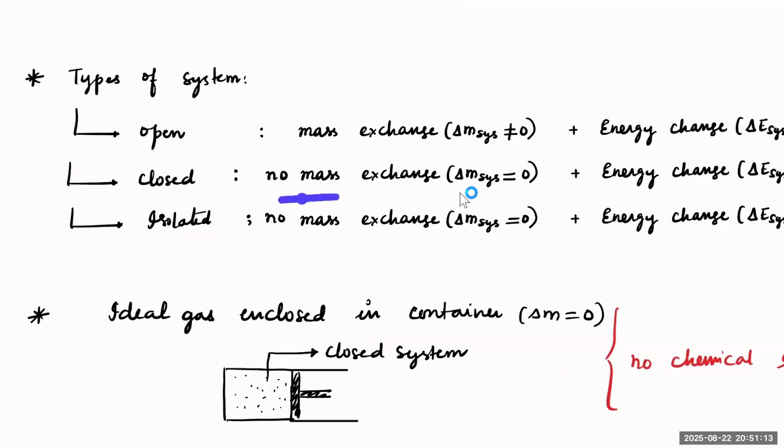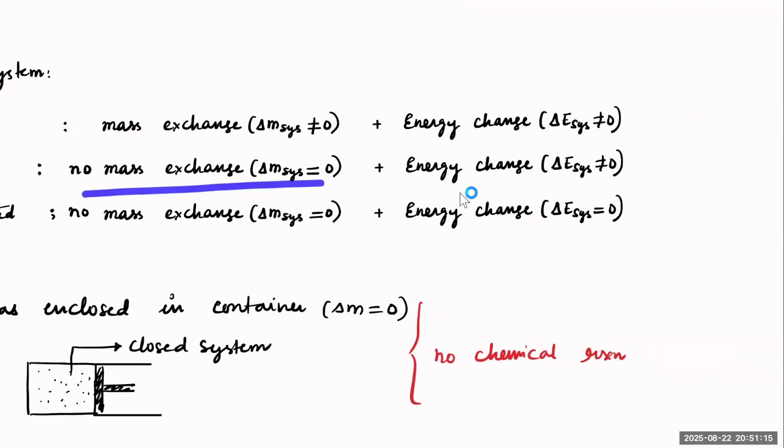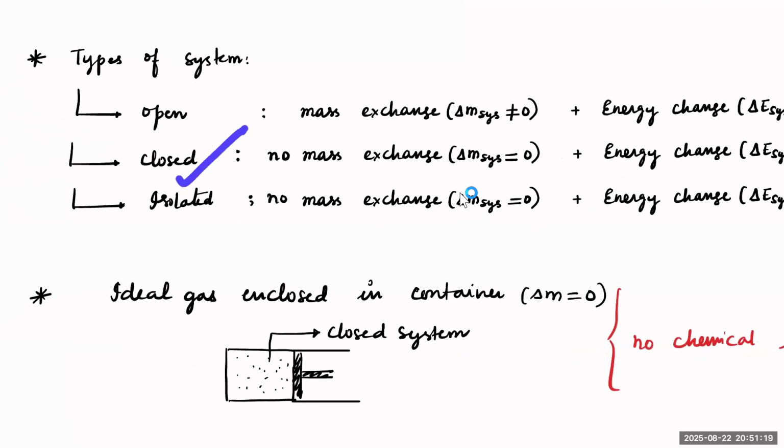If there is no mass being exchanged, but only energy is being exchanged with the surroundings, then we call it a closed system. For example, if you have some food items in a steel box, and you just packed it, and it is very hot.